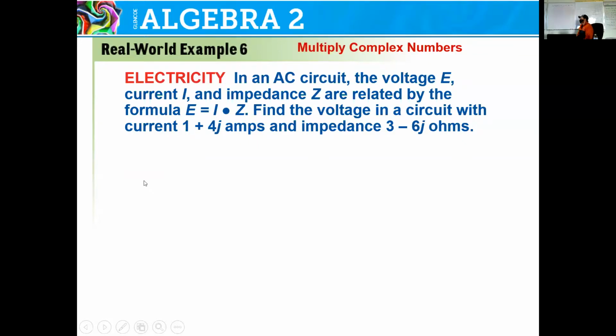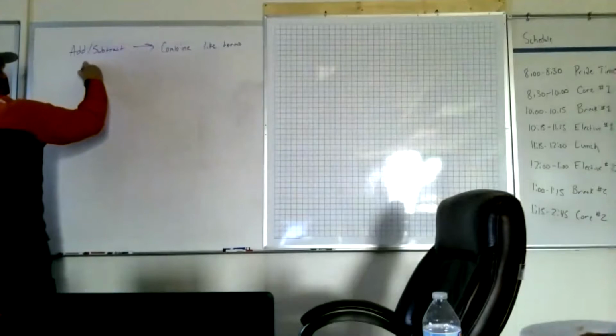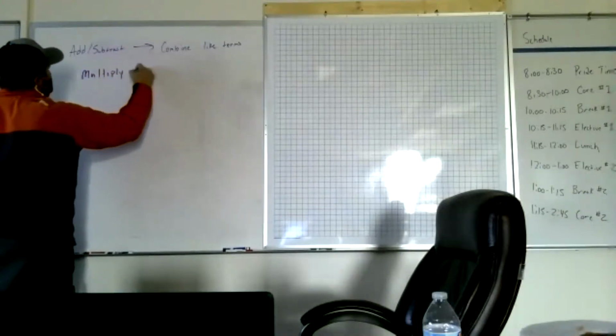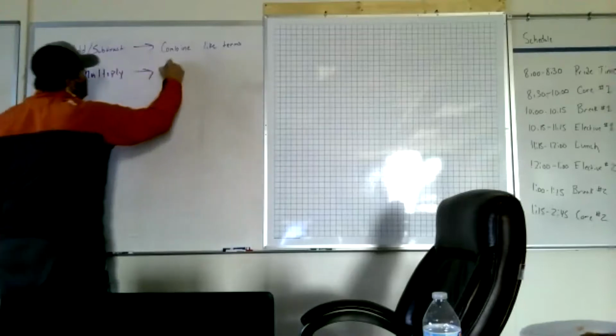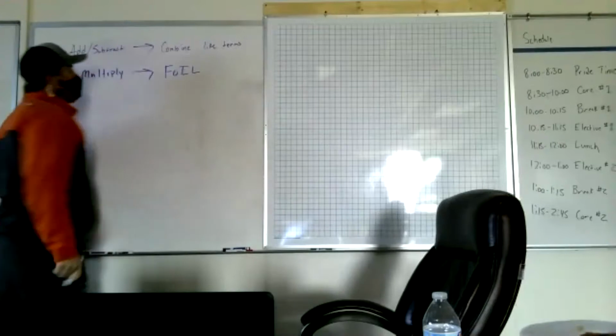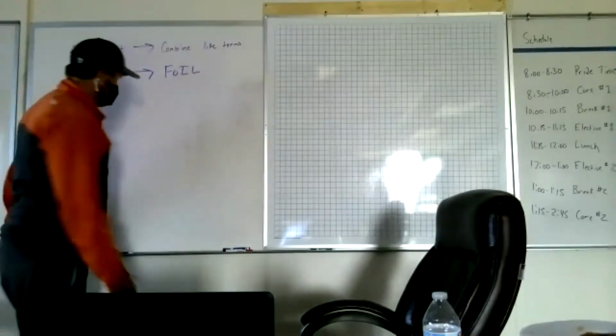All right, so multiplying. When you're multiplying, you want to think of FOIL. Okay, first terms, outside terms, inside terms, last terms.